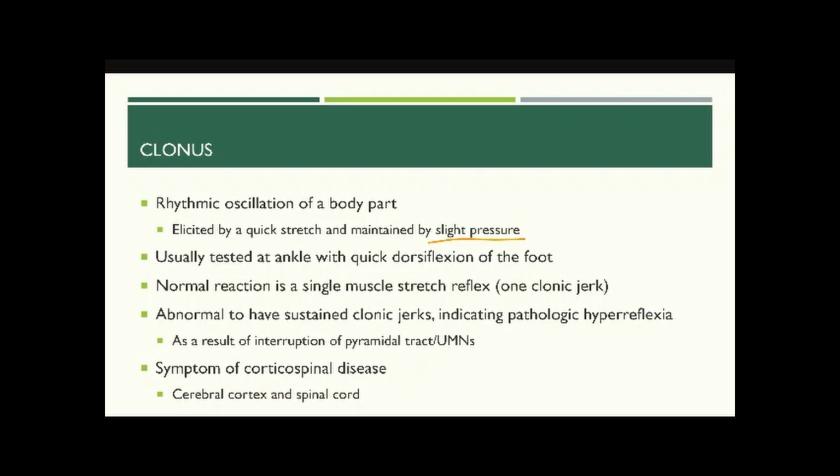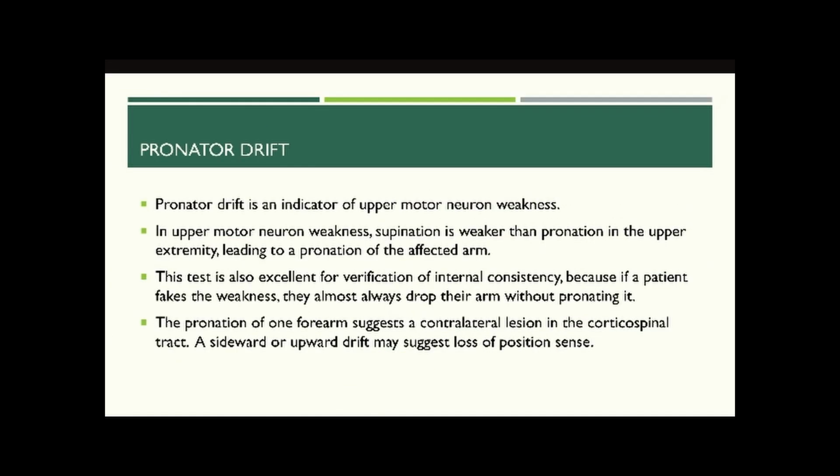When you dorsiflex the foot, pull it up real fast and hold it, that's the quick response, and you'll feel it. One tap is okay. If it starts bouncing, that's not okay. One clonic jerk is okay, but multiple clonus activity, repetitive oscillating movement, is not good. Again, it's a symptom of corticospinal disease, interruption in your pyramid tract, so those upper motor neurons.